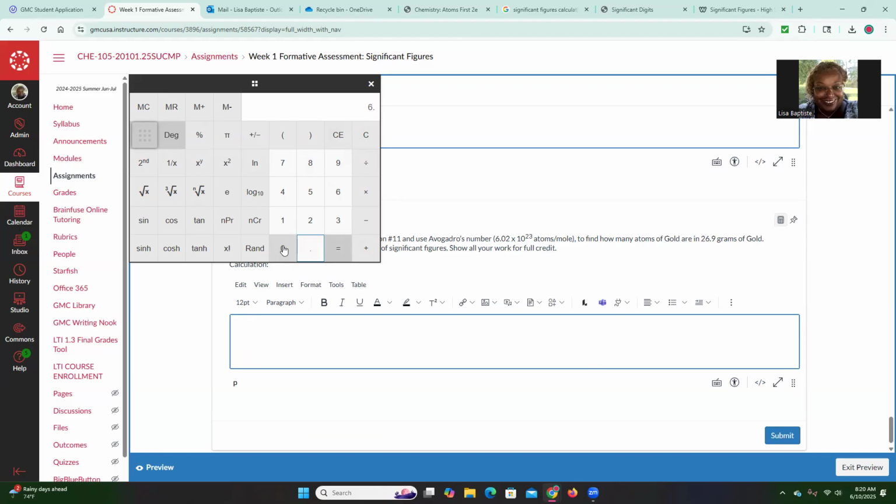When you do that, okay, it is very important that you put the number in parentheses so that your calculator knows that this is all one particular number.